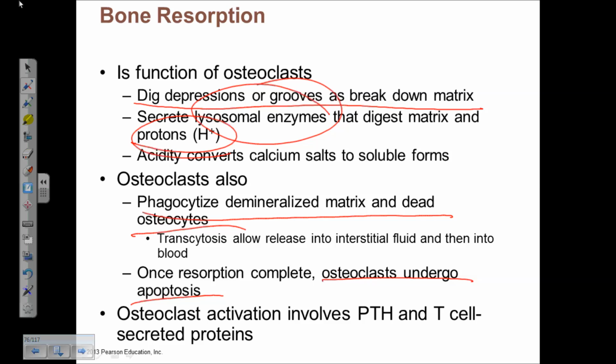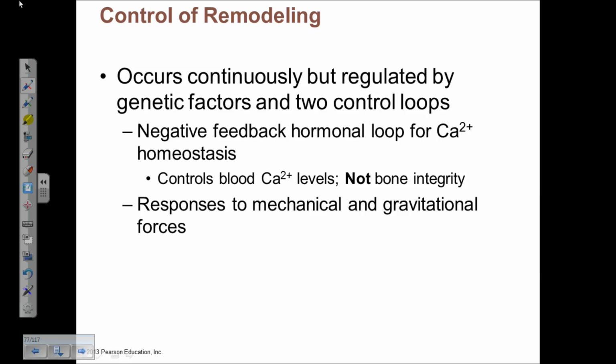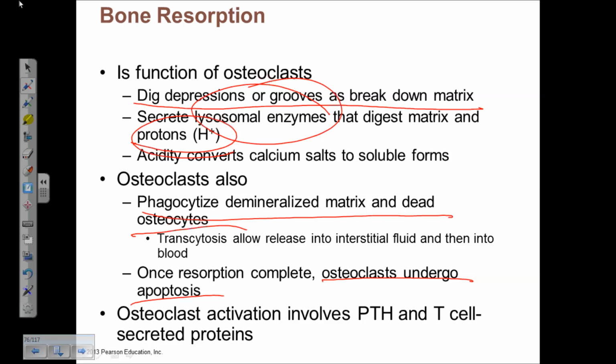The bone will get weaker, of course, because these guys will go and eat it and eat it and eat it, right? Make sense? So as any destructive cell, they have to die at the end of their task, like T cells. So what activates osteoclasts? Parathyroid hormone and certain T cell secreted proteins.